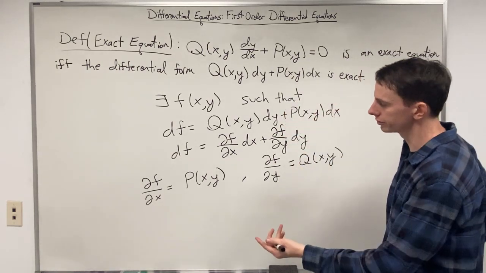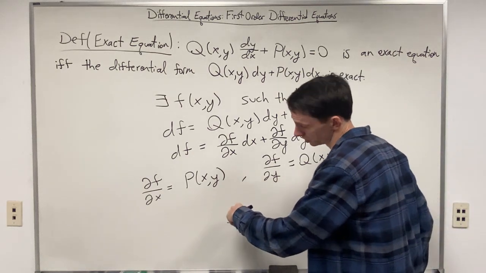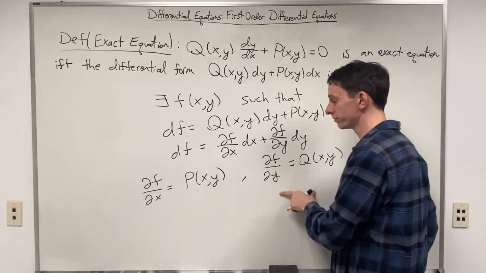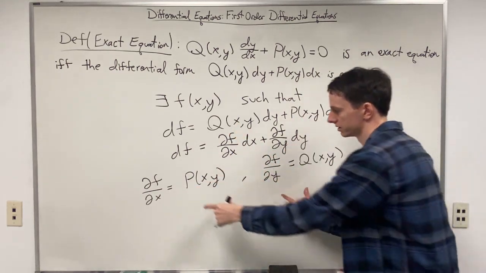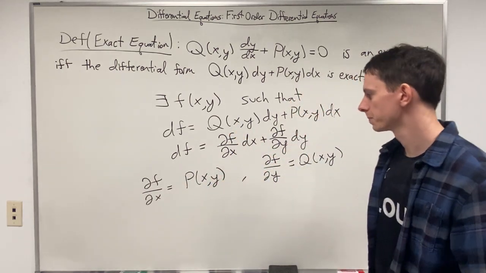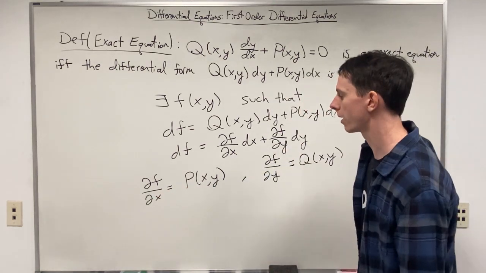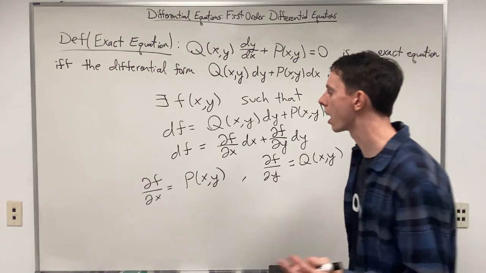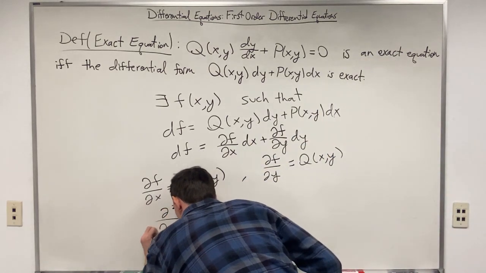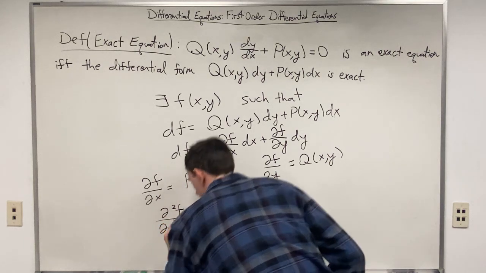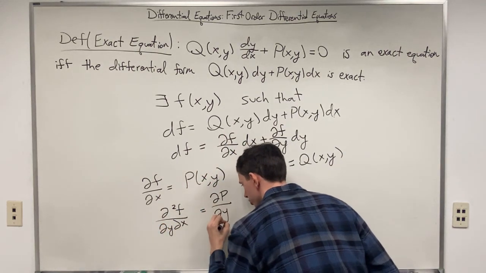And then what we could do is take one more derivative on both sides of these equations and combine the system of equations into one. So if I differentiate both sides of this equation with respect to y, then I'm going to get partial squared f partial y partial x equals partial p partial y.